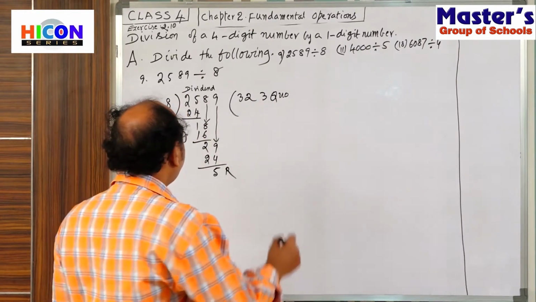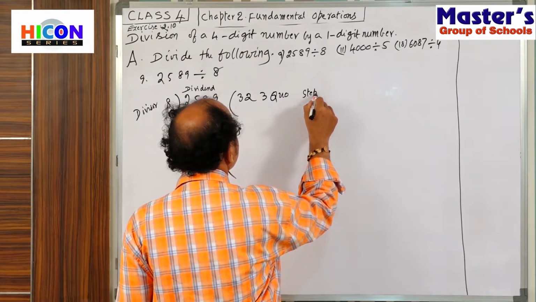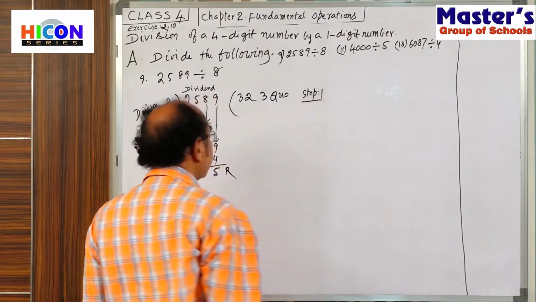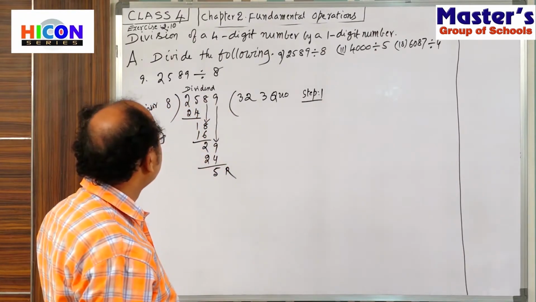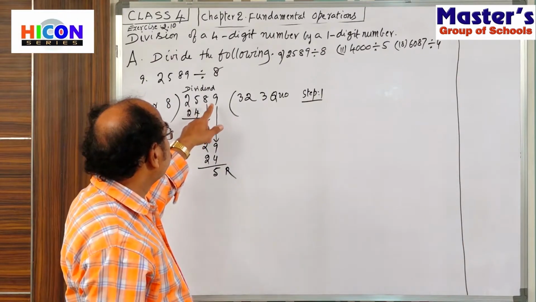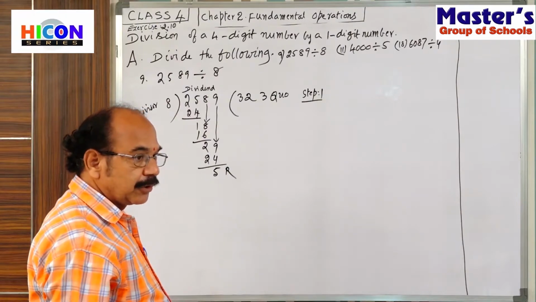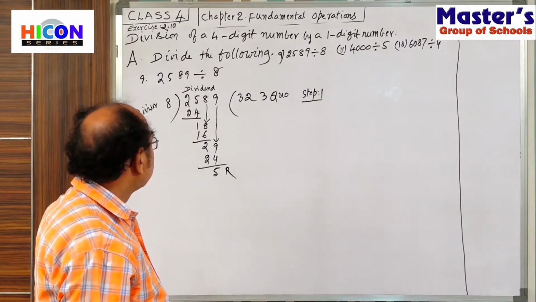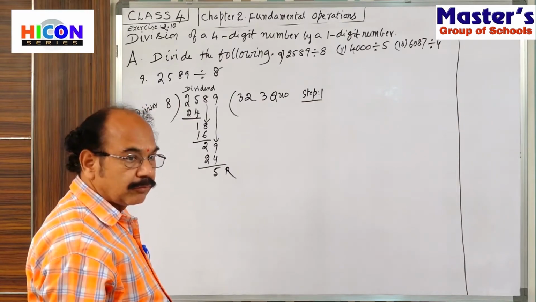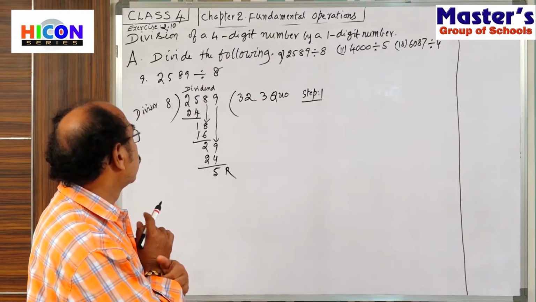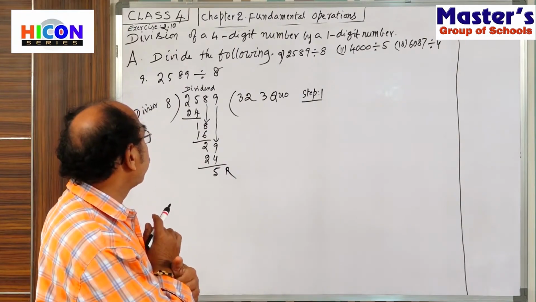So in step 1, what did you do? Thousands place, 2 is there. 8 can't divide 2.